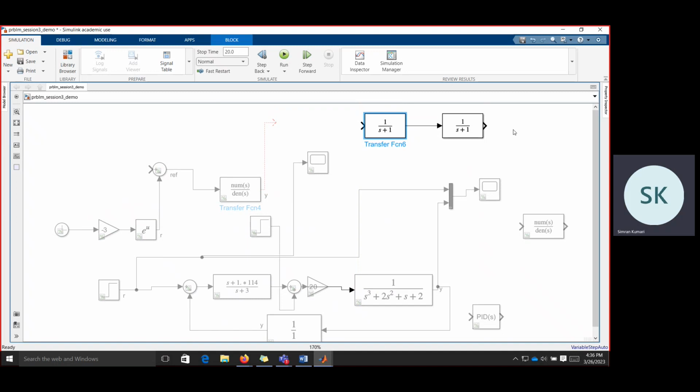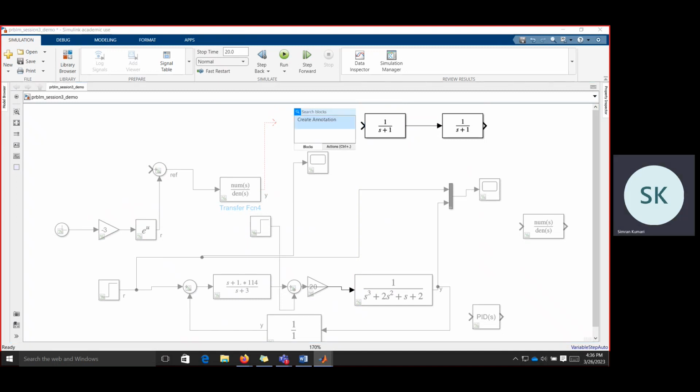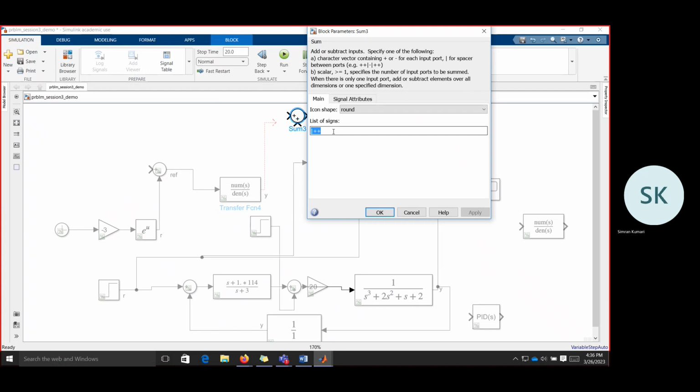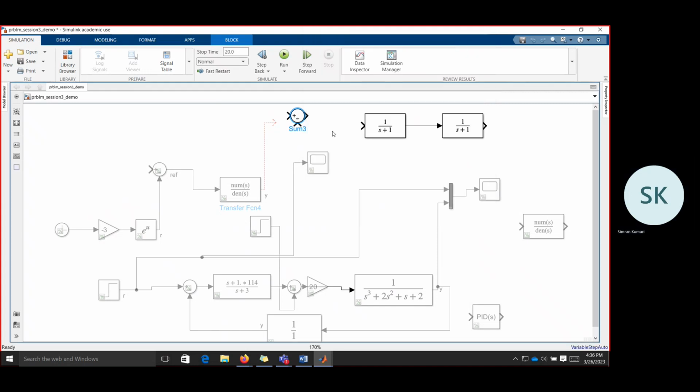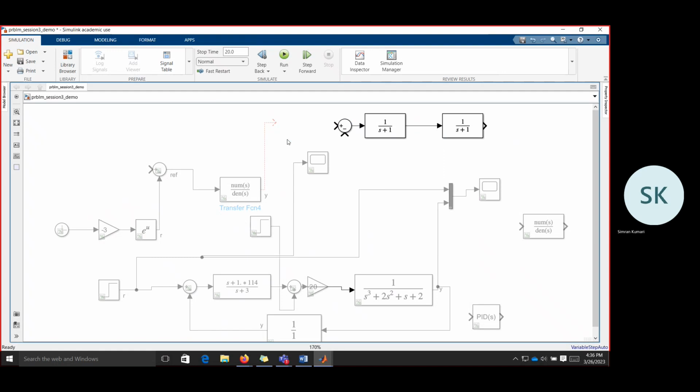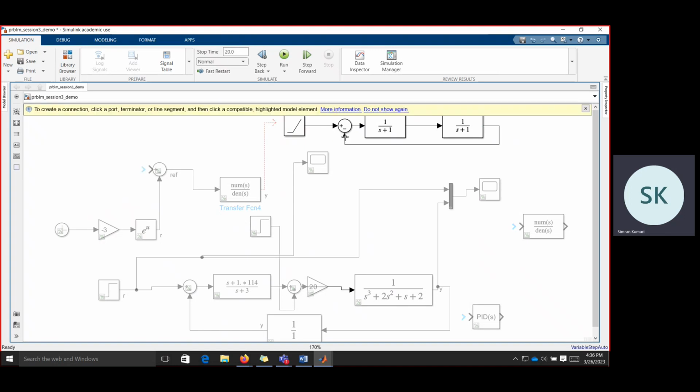This is connected in cascade, and we have this comparator, which is a sum with plus and minus sign, to provide a ramp input, and we have this feedback, which is unity feedback.